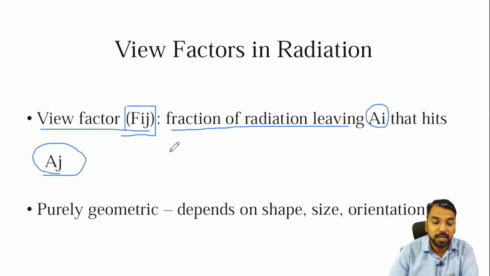Here Ai is one surface area and Aj is another surface area.